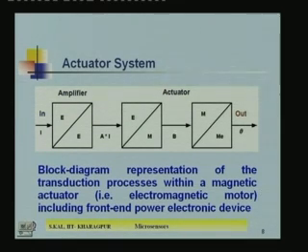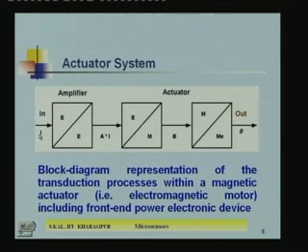So, in the actuator system, actuation means it will act, something either mechanical, some motion or movement, or some color change or light intensity change, something will happen there. So, for that the whole system can again be subdivided into different blocks. For example, the first block is an amplifier where the input is electrical energy and output is electrical energy.